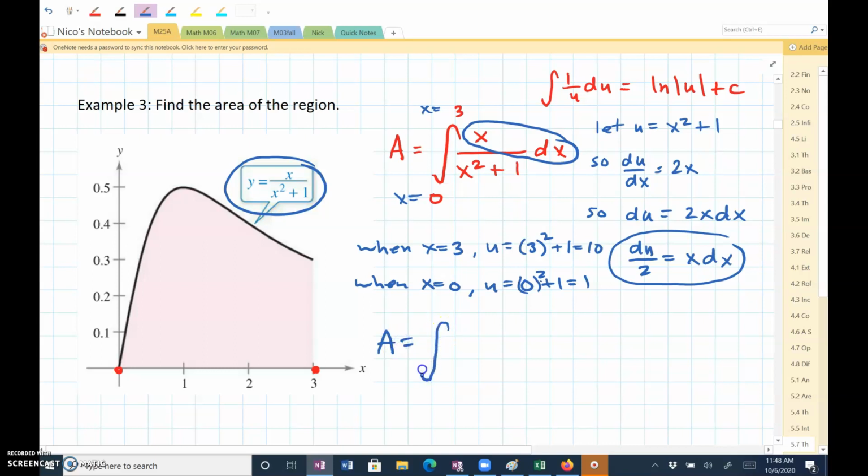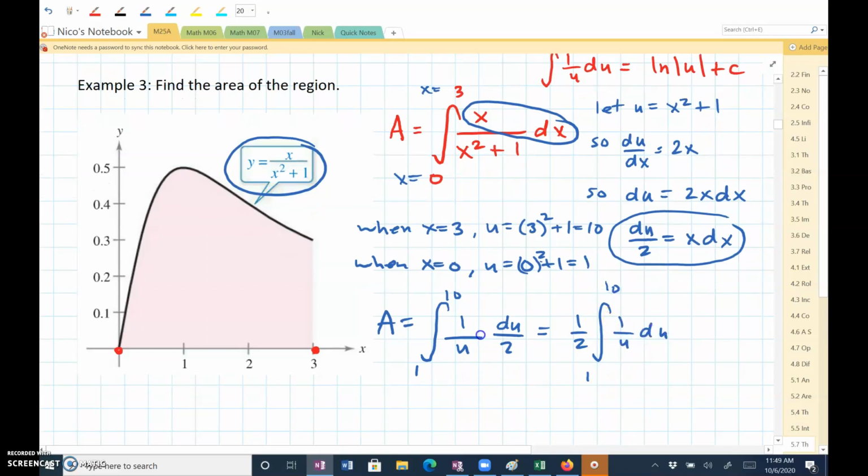So this equals 1 to 10. Dx is du over 2. And x squared plus 1 is u. So this is 1/2 the integral from 1 to 10, 1 over u du.